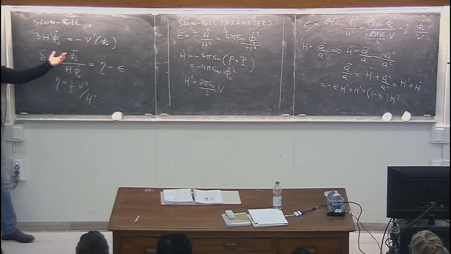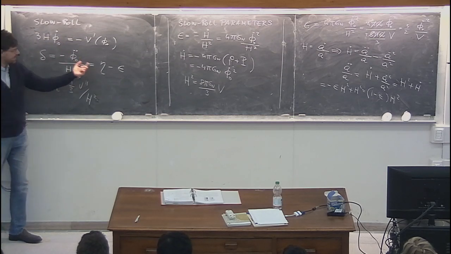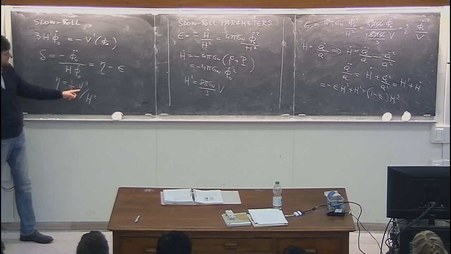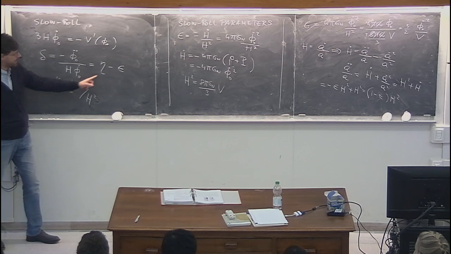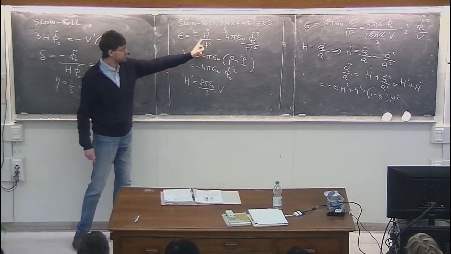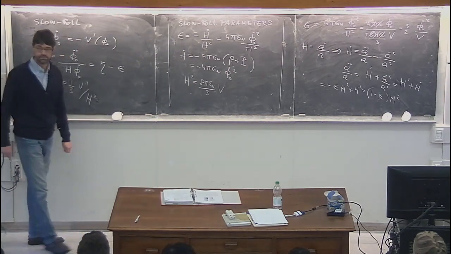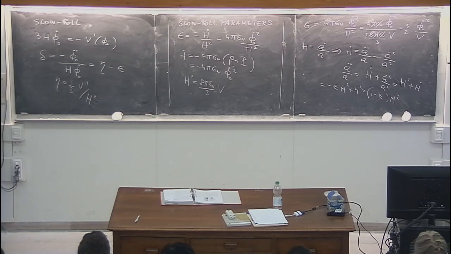It's a simple computation that I'm not going to do now, but if you take one derivative and compute this ratio, you get that delta is equal to the second derivative of the potential divided by H squared, times 1/3 minus epsilon, where epsilon is defined in this way. It's simple algebra, I'm not going to do it.